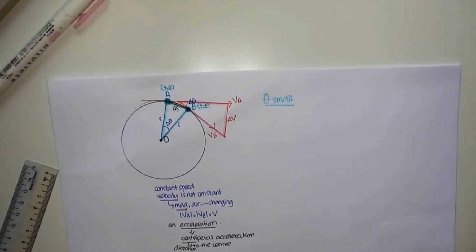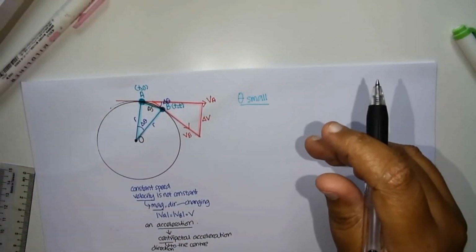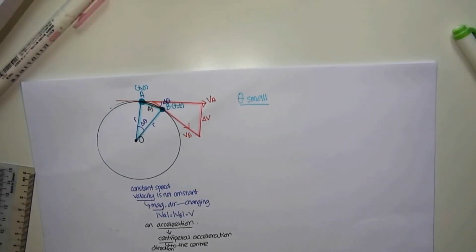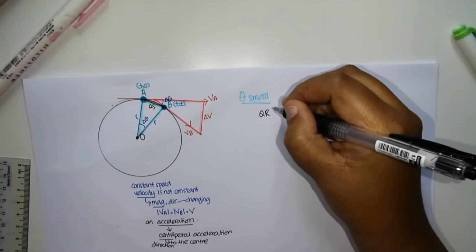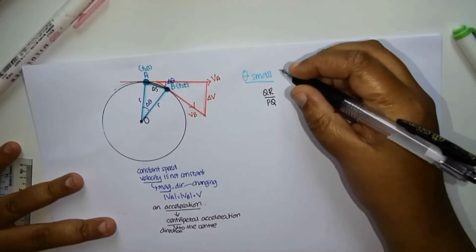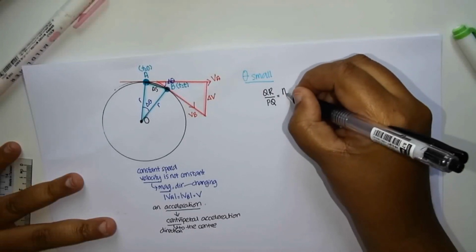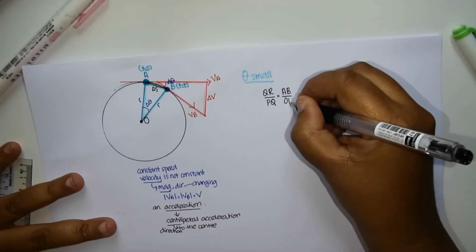So when theta is small, we can say that QR over PQ, the book says, equals AB over OA.